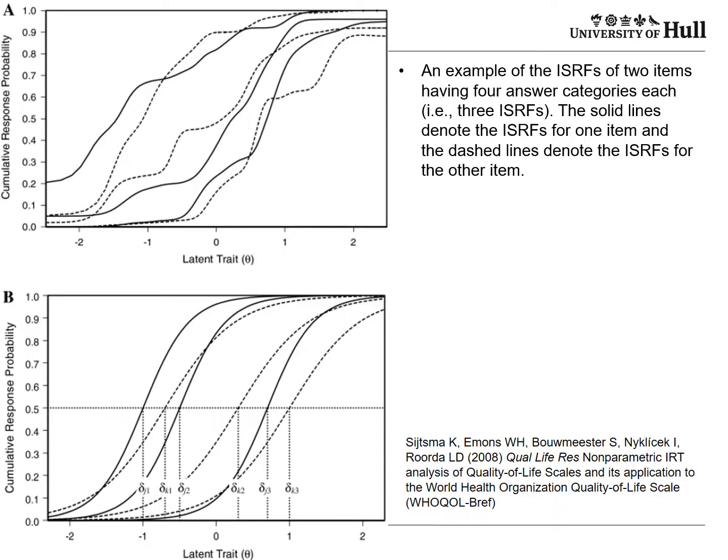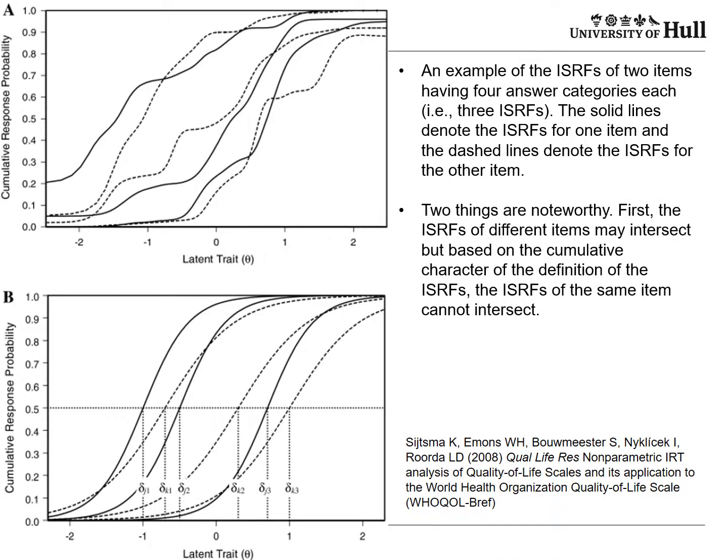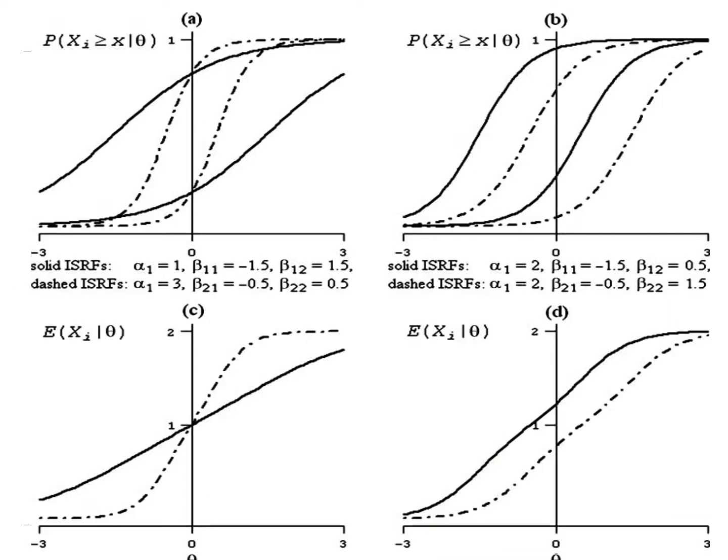I'm sure you'll appreciate if you've got 4 options in a question, say 1, 2, 3 and 4, you've got 3 steps between them. And something to note here is that the item step response functions for 2 different items can intersect, but the item step response functions for one item don't intersect. If they did intersect, they would violate double monotonicity, and those items would be.